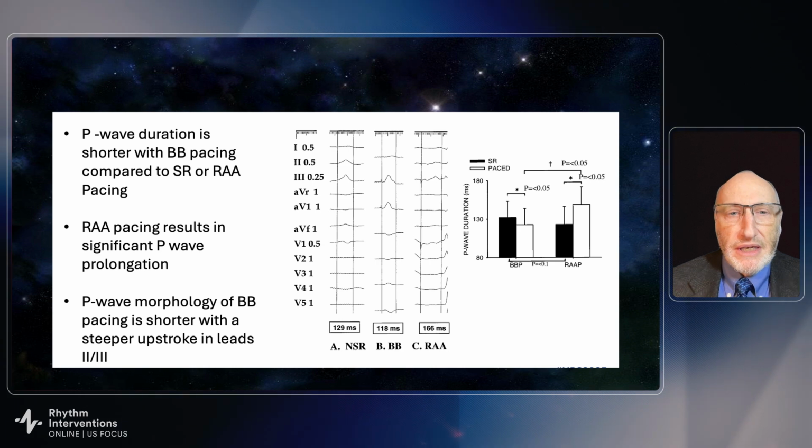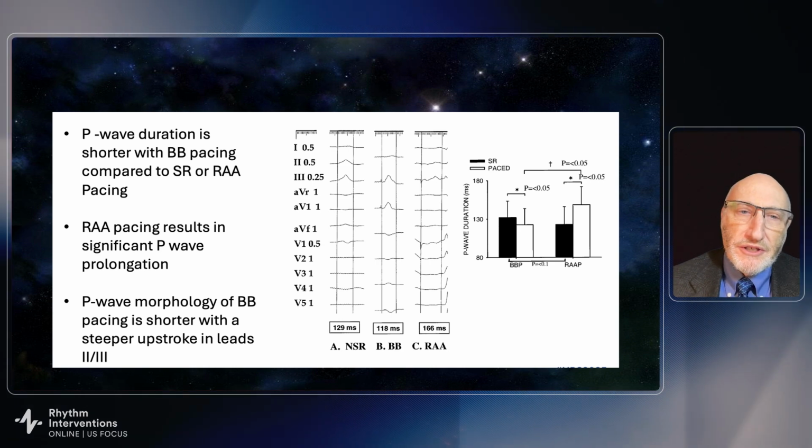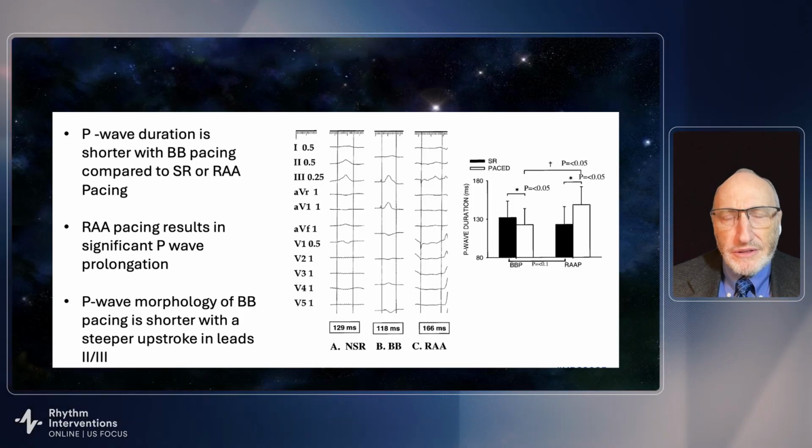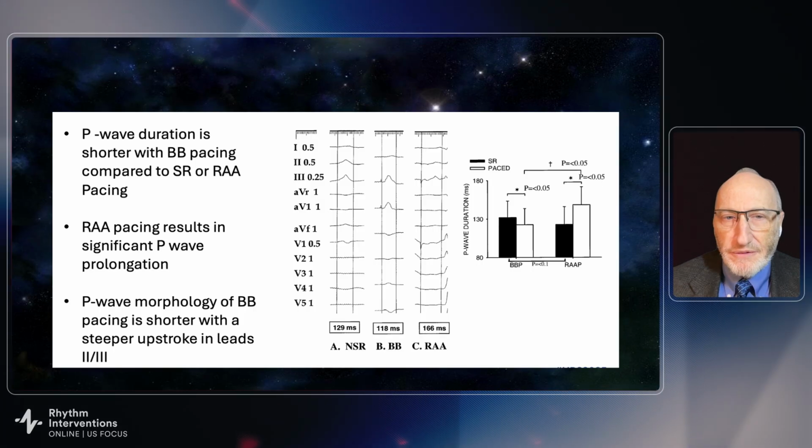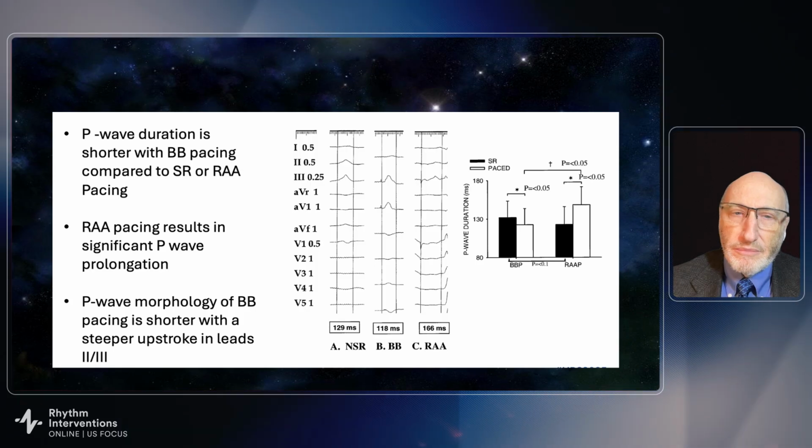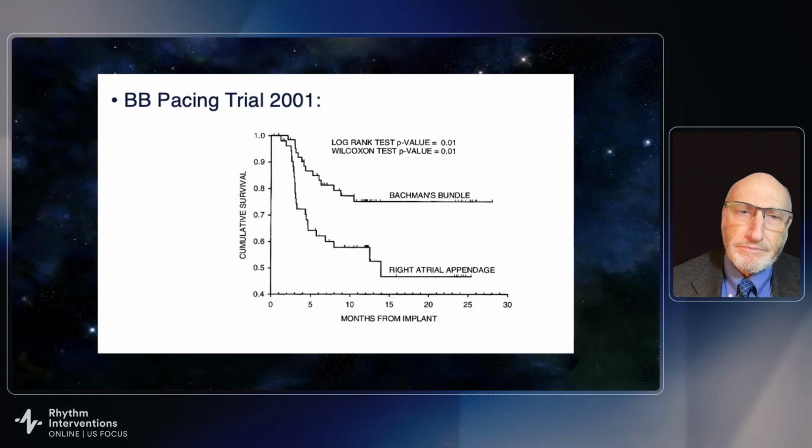And more importantly, if you look at the morphology of the P wave, what you'll see in the inferior leads is a shorter P wave duration, but the morphology is slightly different. You will appreciate a more rapid upstroke of the P wave, and that really defines whether you're in Bachmann's bundle or not.